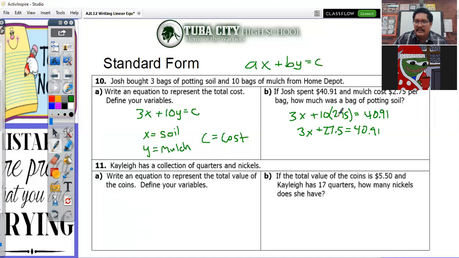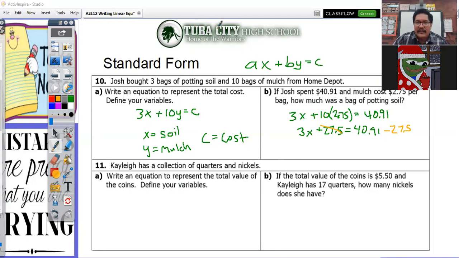So 2.75, move it over, it becomes 27.5. Now I'm going to go ahead and minus 27.5 on both sides, 27.5. And again, I'm doing this just to save space. I know it's different than the way most people are used to doing things, but it's just done to save space.